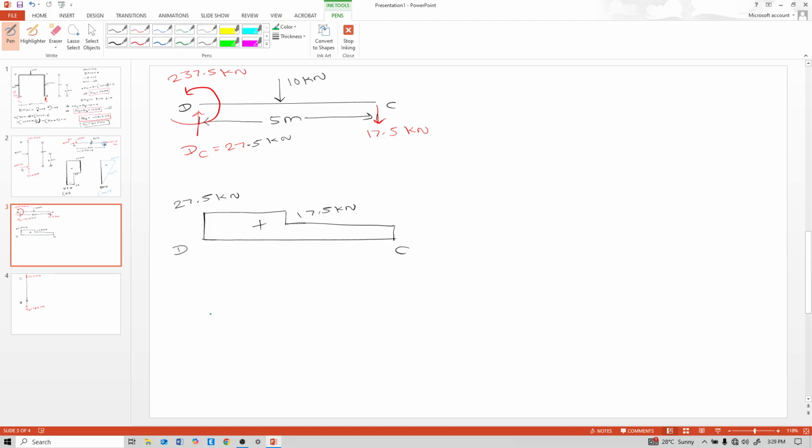Now moment, this is D, this is C. Moment at D is 237.5 negative. This unit is kilonewton meter. At this point minus 237.5, and this is clockwise to that point, so positive 27.5 into 2.5, so it is minus 168.75.